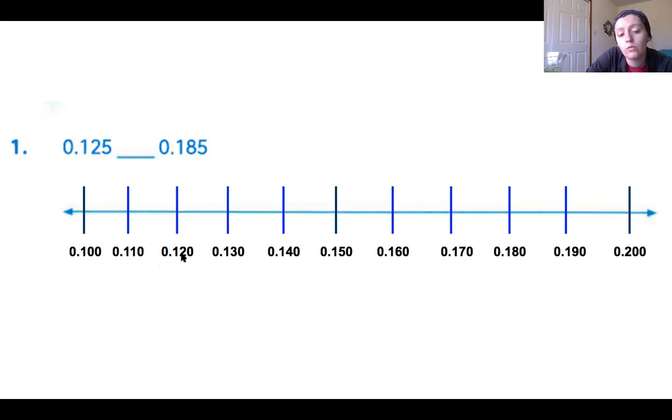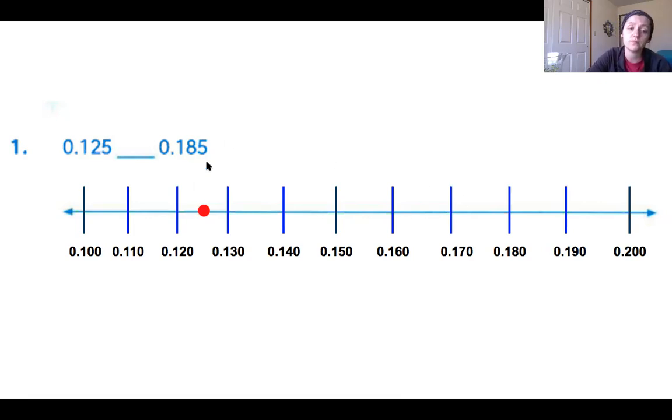I have 0.12 here. That 5 in the middle tells me that it is greater than 0.12, but since it's not a 3 here, I know it's got to be less than 0.13. In my head, I know 25 is halfway in between 20 and 30. So I plotted a point right there halfway in the middle to represent 0.125, or 125 thousandths.